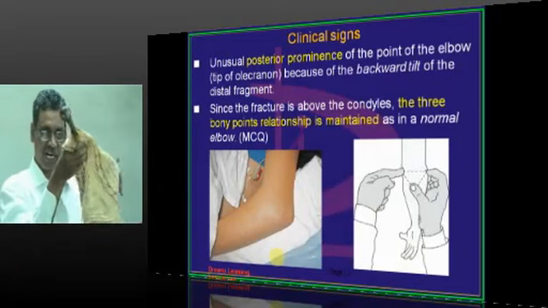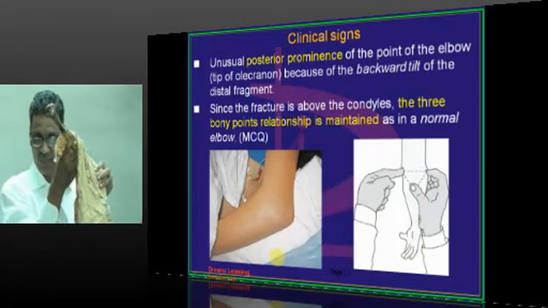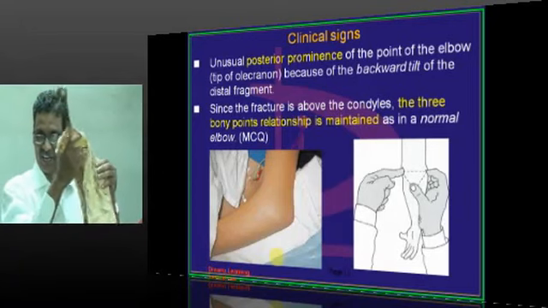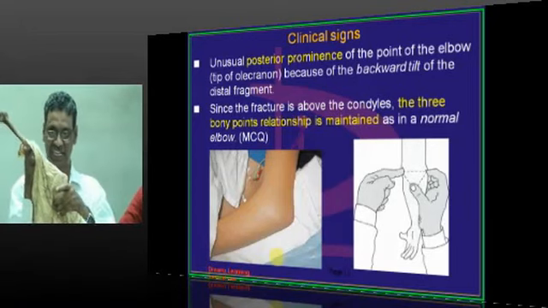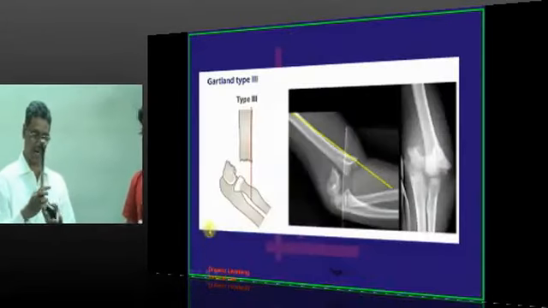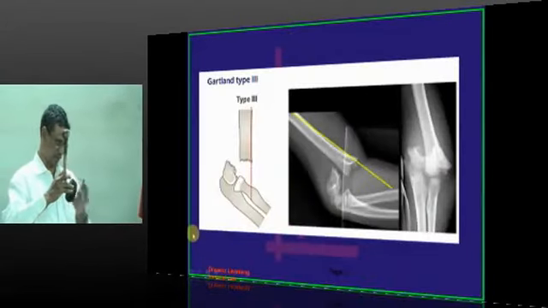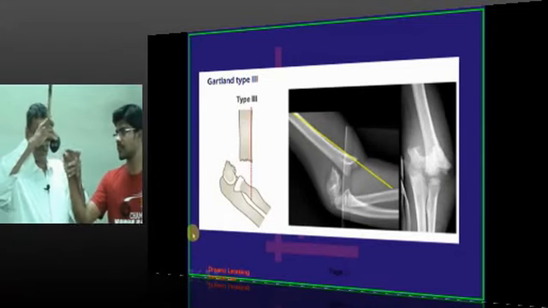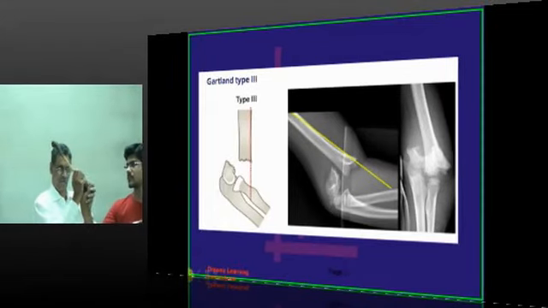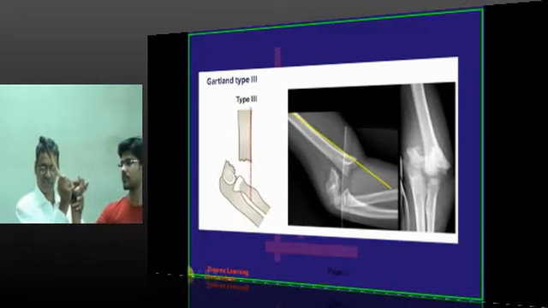Even if it is a supracondylar fracture, because the lower fragment has gone with it, the same swelling occurs. If this is the supracondylar area, and there is a dislocation, it will be like this.